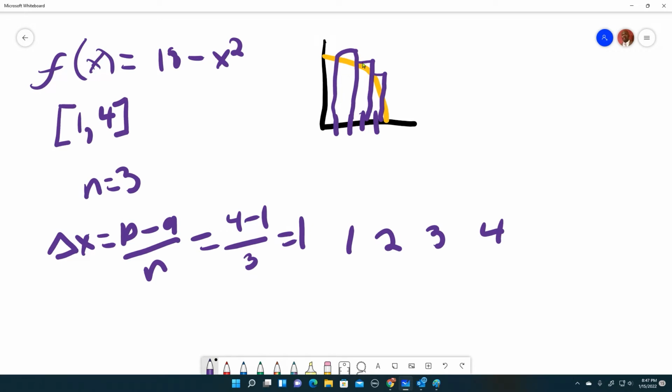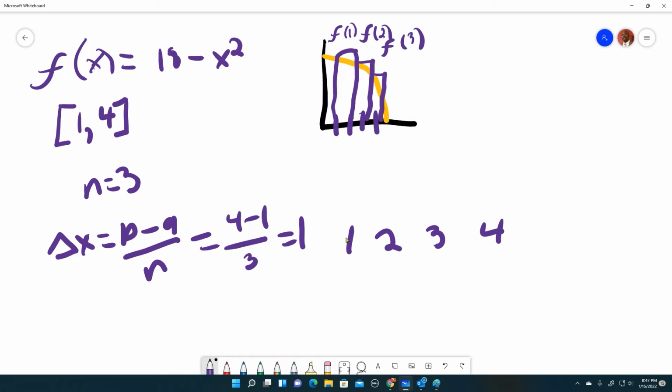And if we look at our heights, in this case, they'll be found at f of 1 and f of 2 and f of 3. So an interesting thing, when you get your numbers of your subintervals, if you're finding a left Riemann sum, you will evaluate the function at every number of the subintervals except for the last one.